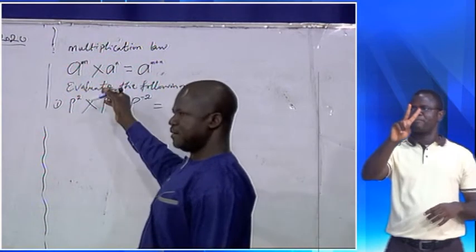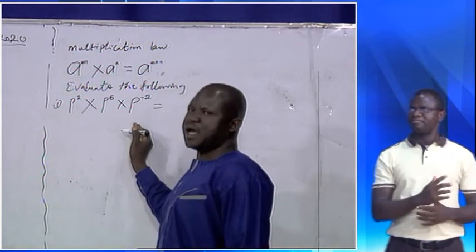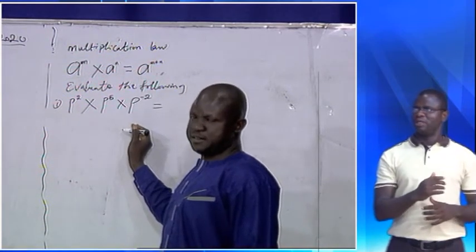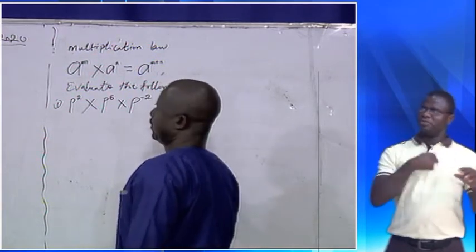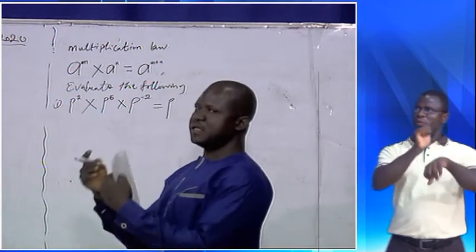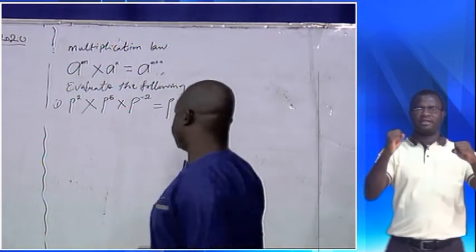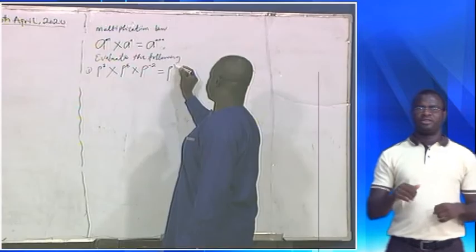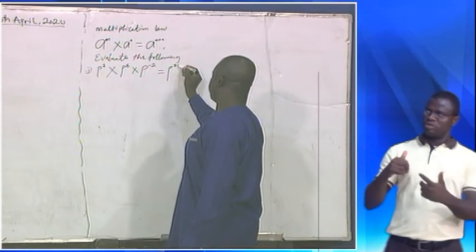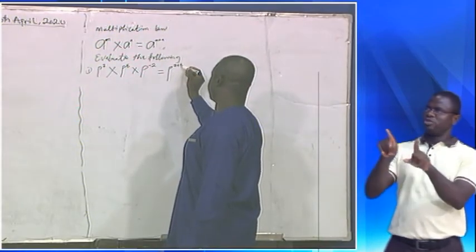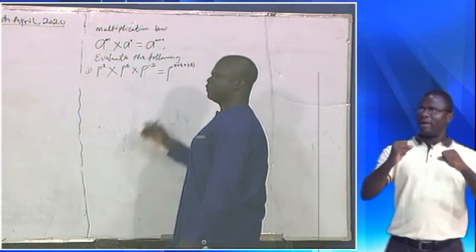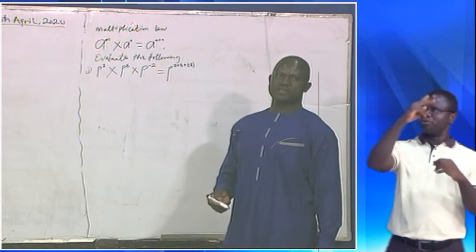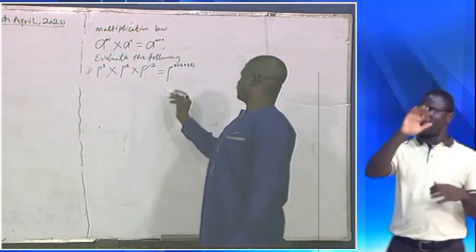The p's that we are seeing here are the common bases. So we now have only one p. The rule is what? Is to add their respective powers. So we now have the first one as 2, plus the second one as 5, plus the third one as minus 2. We'll put this one in bracket because it contains a negative.